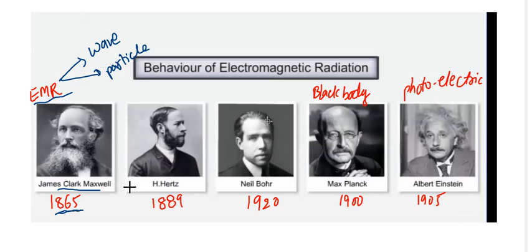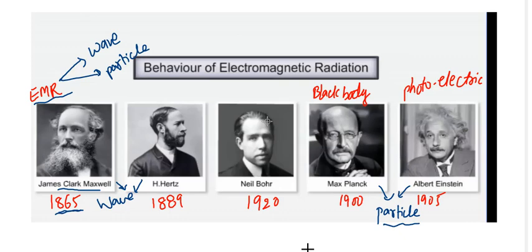So Maxwell proposed wave nature, then Heinrich Hertz also supported, then Planck and Einstein, these two scientists proposed particle nature. Particle nature, it's not only proposed theoretically, they showed some practical evidences.